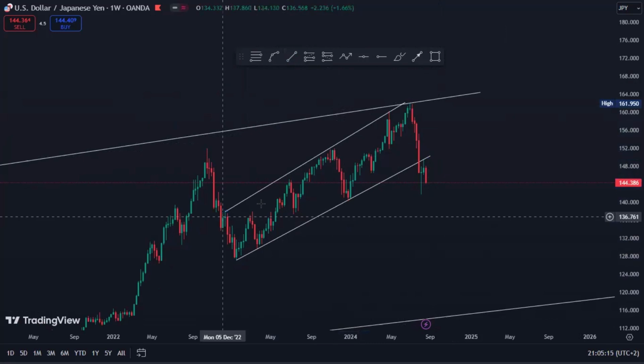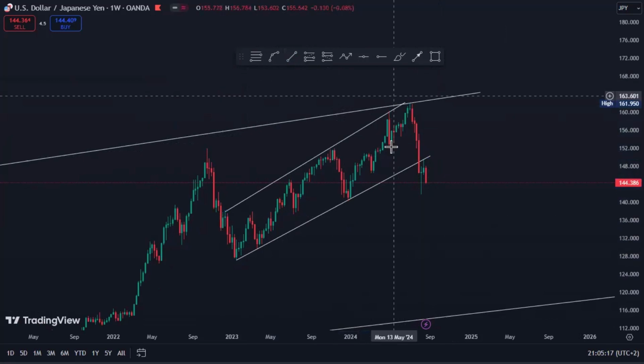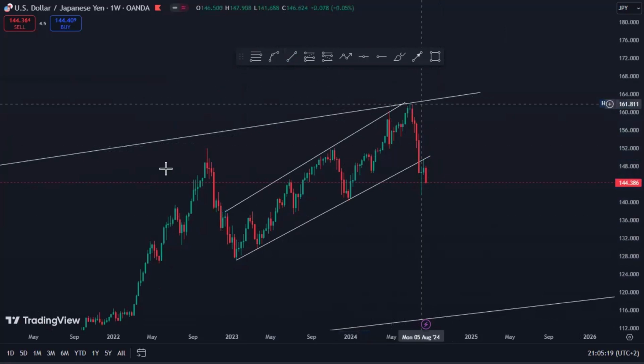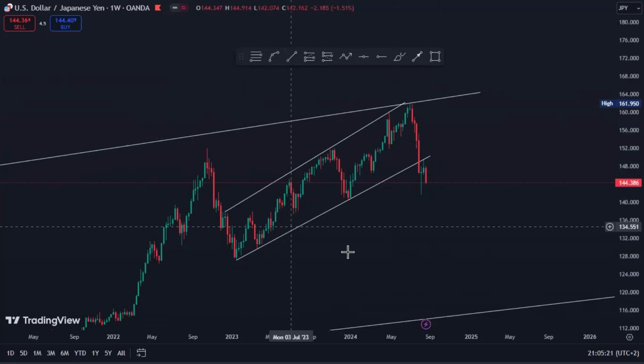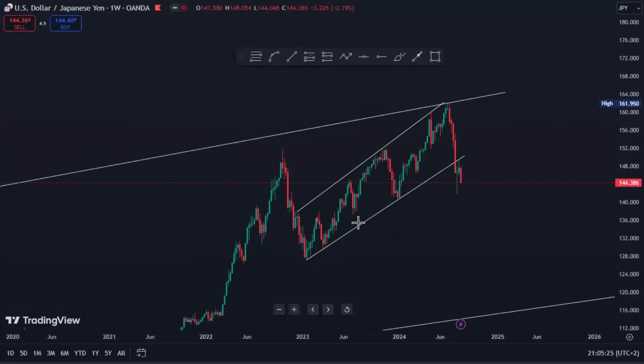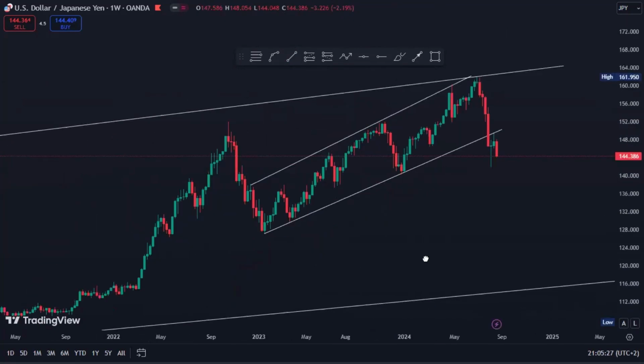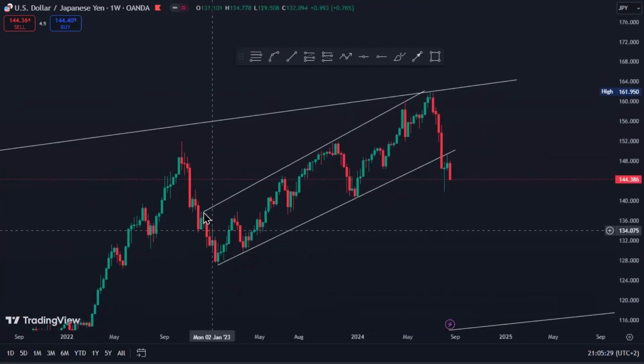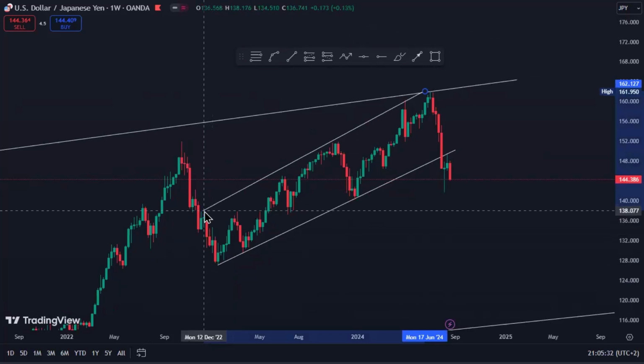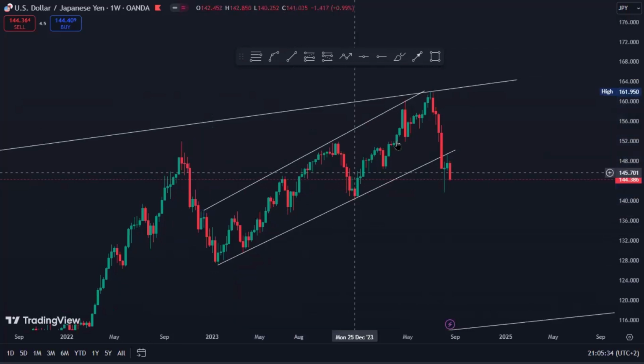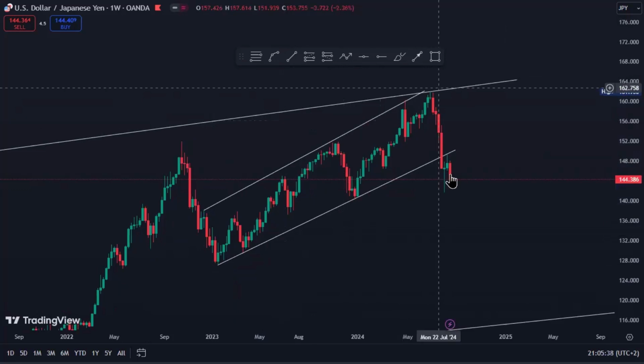We have the first touch, second touch, the third touch. It went down, then it came back to make the third touch of the first channel. But then it gave us a signal that it's going down because it was losing momentum here. You can clearly see it was losing momentum, and then it went down.